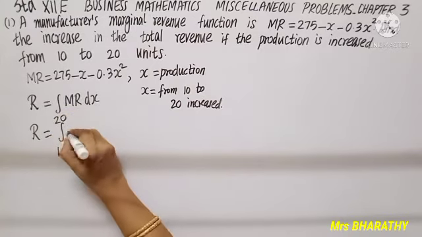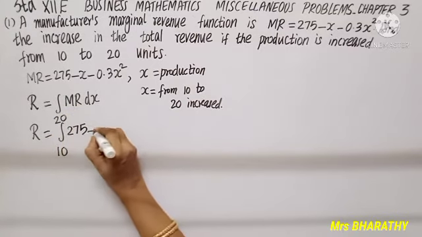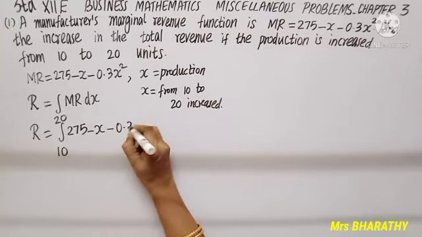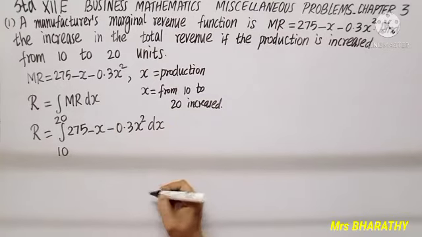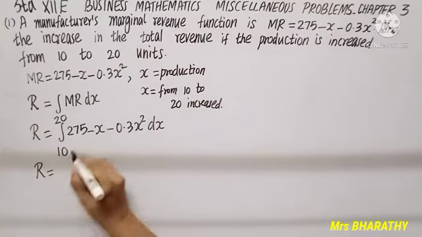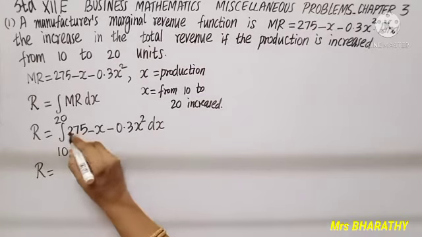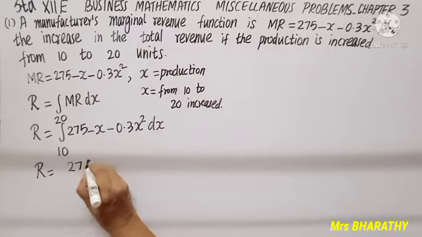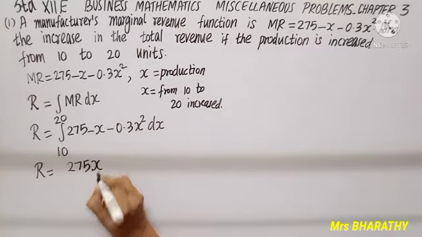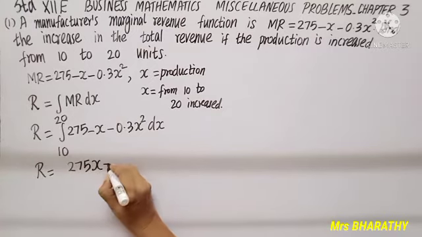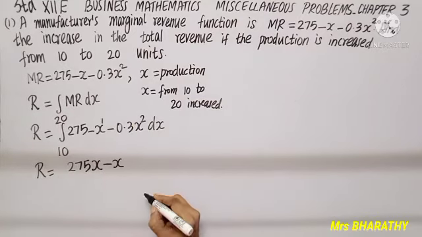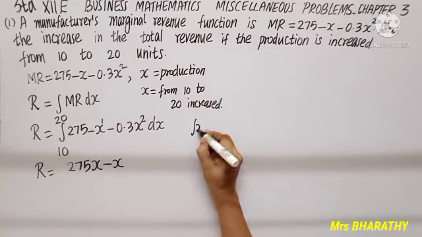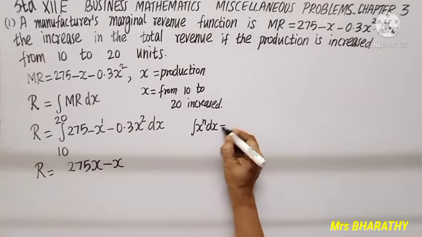What is MR given? 275 minus X minus 0.3 X square dx. As we remember the integration formula, 275 is a constant, it will become 275X. X has power 1. So what is the formula for integral X power n dx?